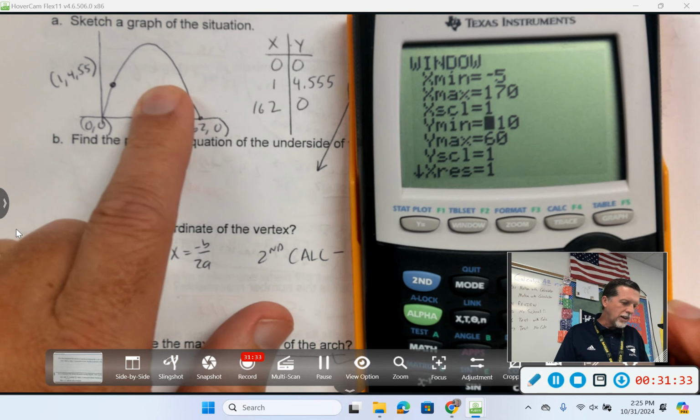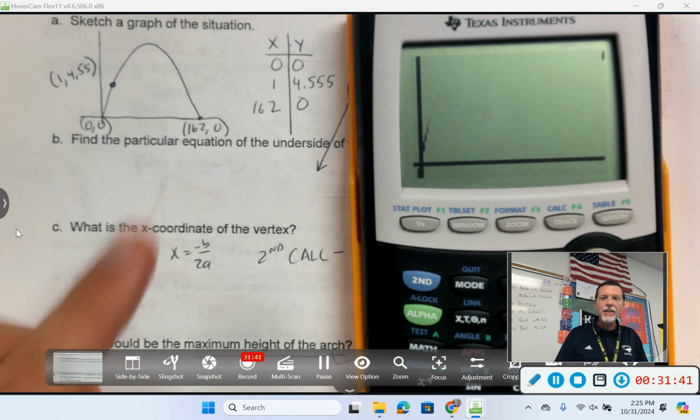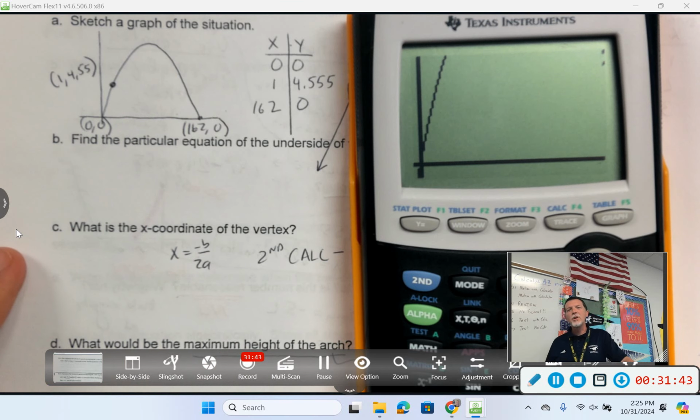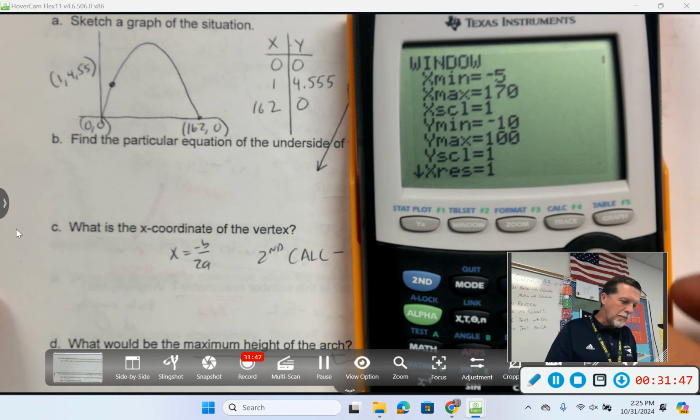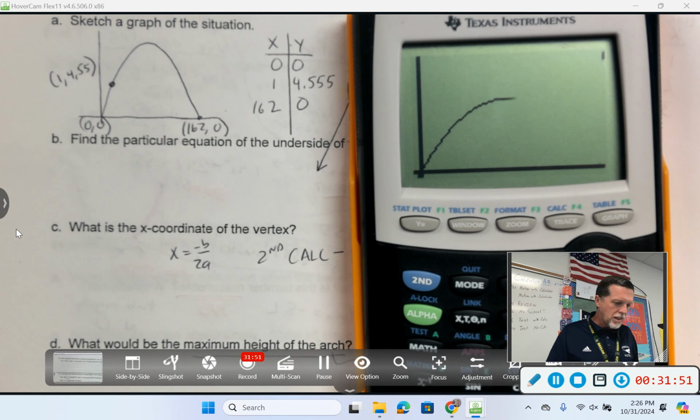I have no idea how tall this arch is, so I'm going with 100 to start with. Oops, nowhere near. But it's a game of guess and check. 300 maybe? There we go. 300 was plenty. You could maybe change that to 200. Doesn't matter.